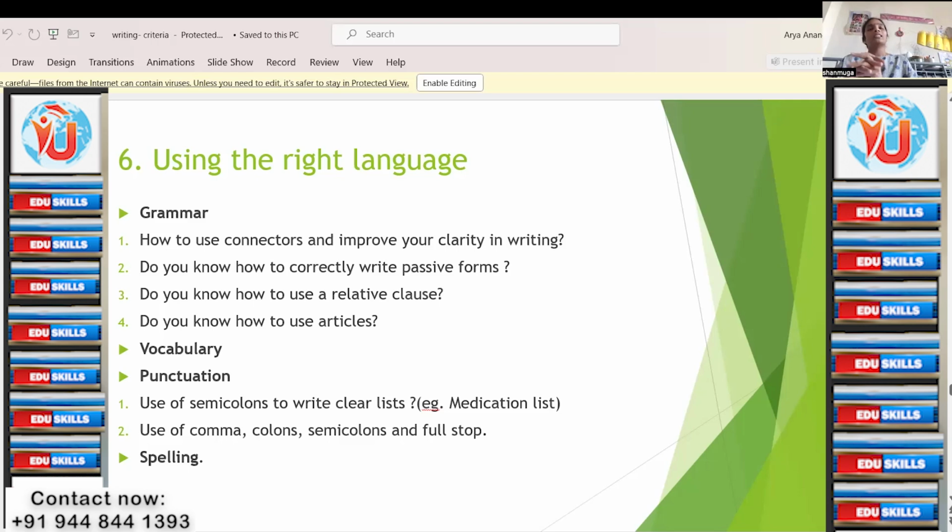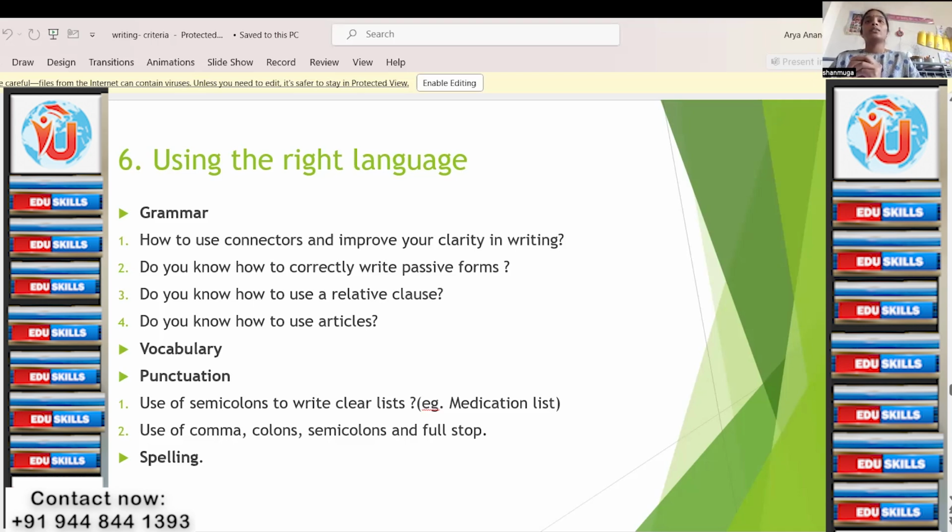Grammar. In this we have 4 subtopics: grammar, vocabulary, punctuation, and spelling. The first one is grammar. When it comes to grammar, how do you use connectors to improve clarity in your writing? Why are we using connectors? To give more clarity to the reader.